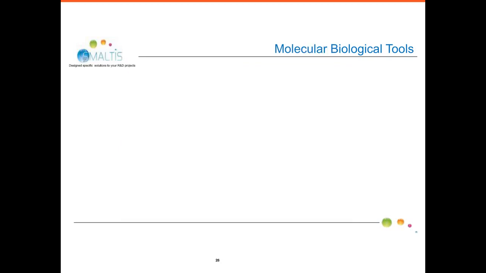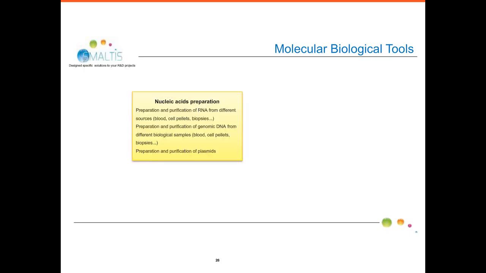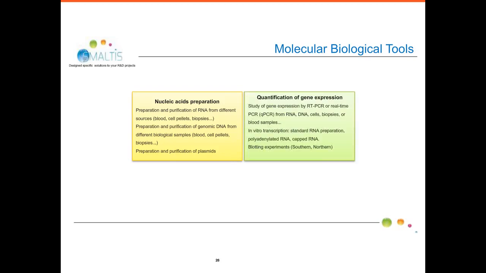Regarding our molecular biology tools now, they are divided into three groups. The first one pools methods to prepare nucleic acids from different sources, such as blood cells, pellets, biopsy, and so on. The second one regroups methods to quantify gene expression by using qPCR, RT-qPCR, and also a new PCR method named LabPCR.